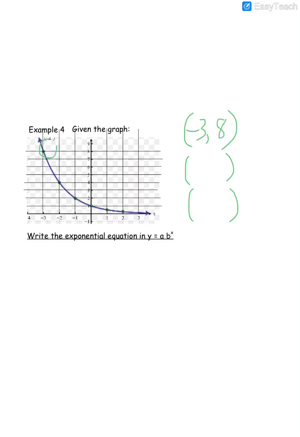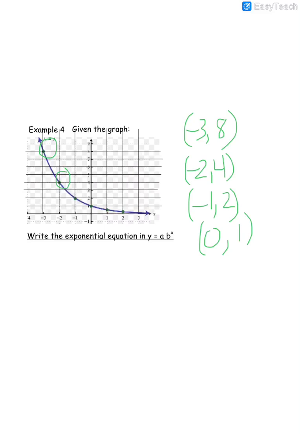That's this point right here. I see -2, 4. I see -1, 2. And I see 0, 1. That's enough points. I feel like I don't really know what these other ones are exactly. There's some sort of a decimal. So I'm going to go with the ones that look like integer values.